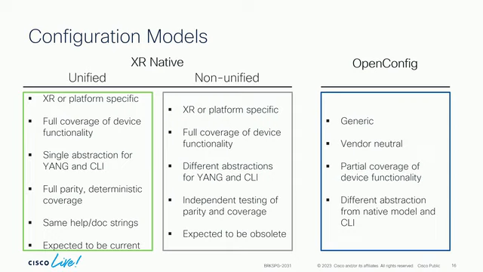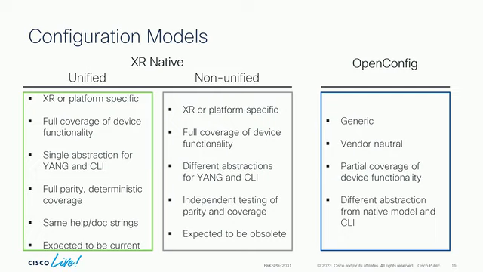And when we have unified models, we are doing full parity for the coverage. So for every CLI, there would be a unified model, so you will not see any discrepancies between CLI capabilities and YANG model capabilities. So eventually we will sunset non-unified models, and this is a journey which we have been doing for a few years as of now.